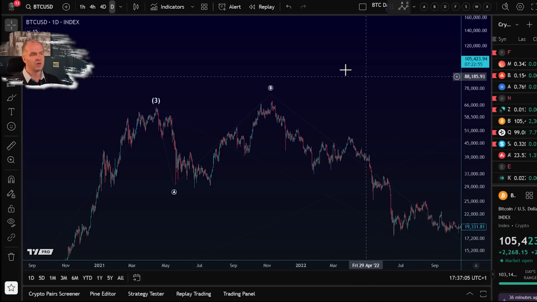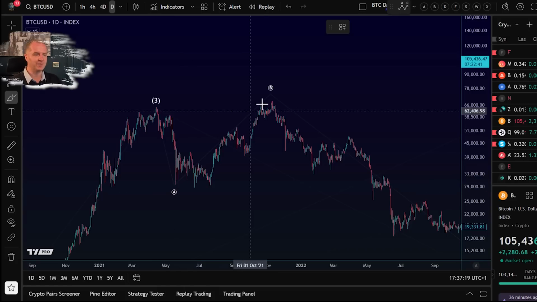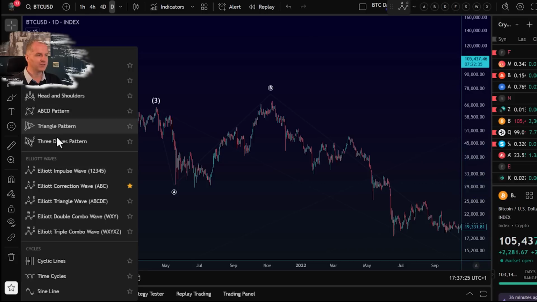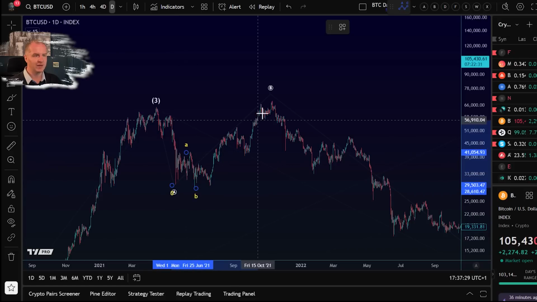B waves are so difficult because they can take all kinds of corrective structures, like the shape. For example, a B wave can be a simple standard ABC structure, A wave, B wave, C wave, as it is in this case.